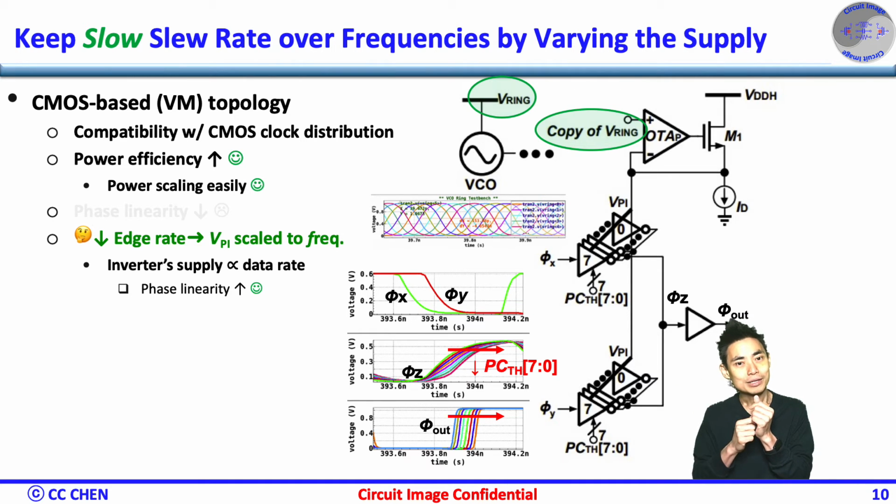The straightforward way is to use any ring-based oscillator as a replica to generate the proper supply voltage over different clock frequencies in the same ratio of the slew rate and clock period, which should be a good approximation.